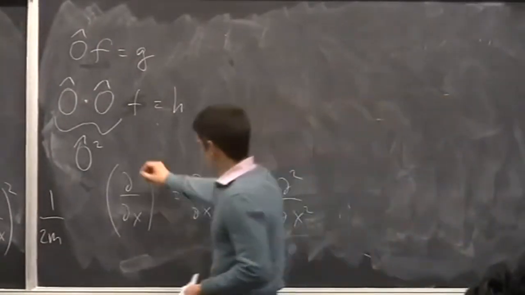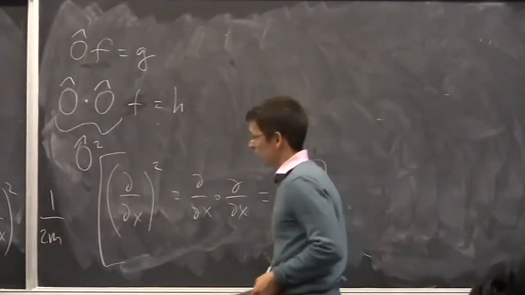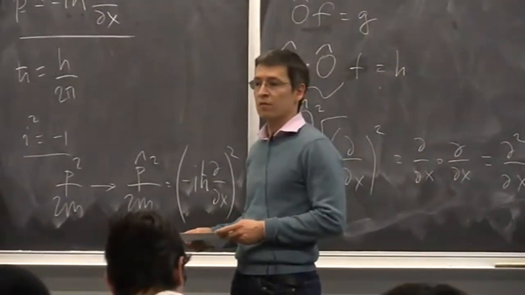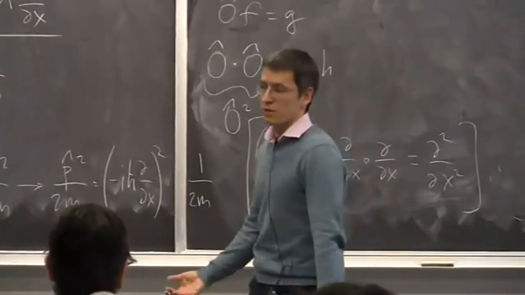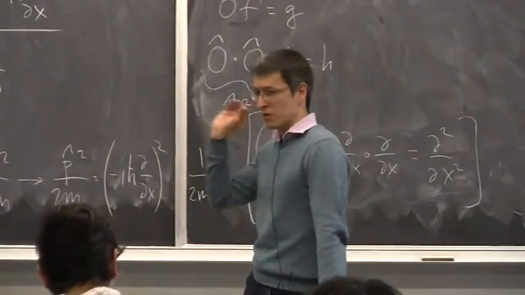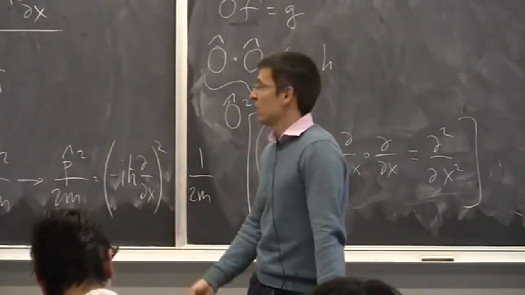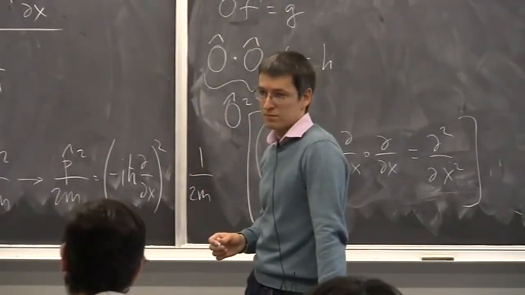Sorry, when you say that's the definition of momentum, is that the definition of the operator? That's right. The operator corresponding to a property that you can measure in an experiment with any quantum particle. You can measure its momentum, do an experiment, and this is the operator corresponding to that property.